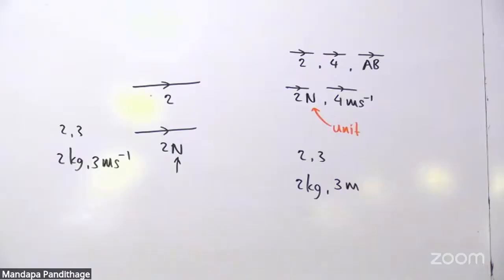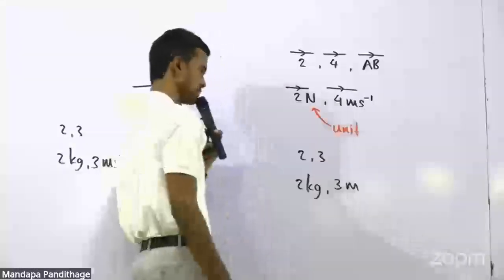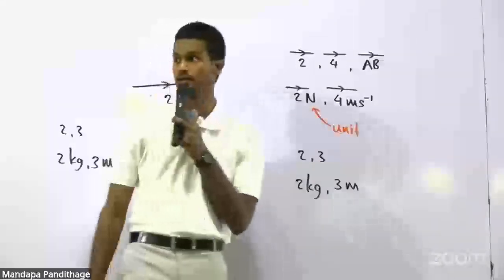It is known as a scalar. Okay, then write the examples, just two numbers, 2 and 3.